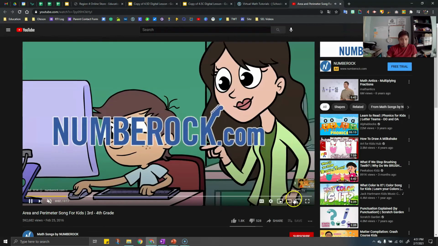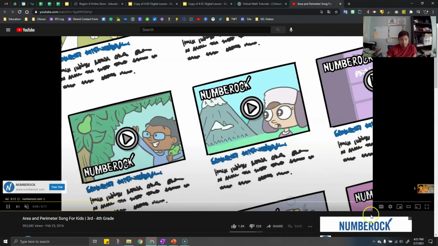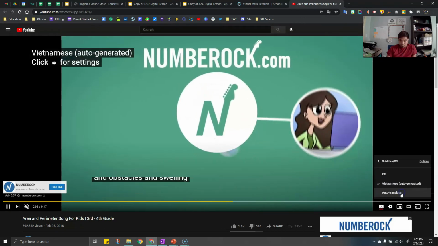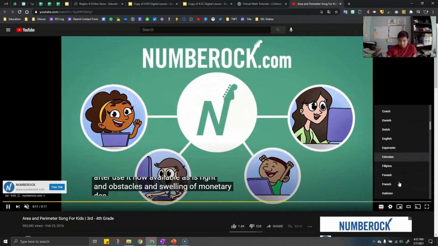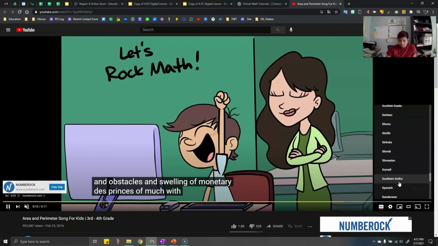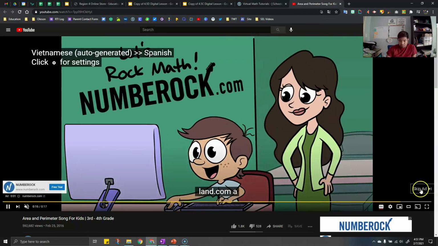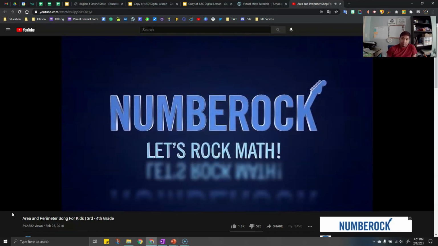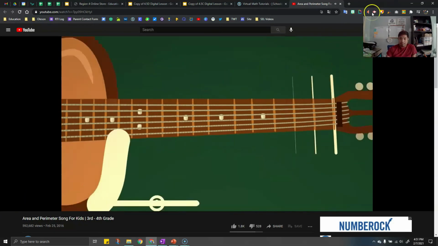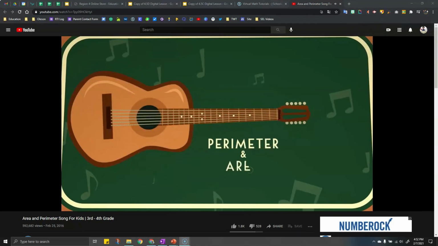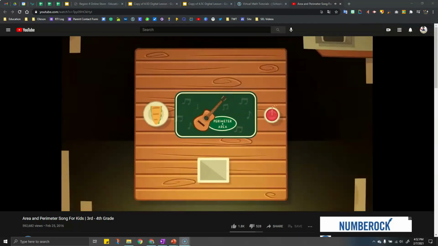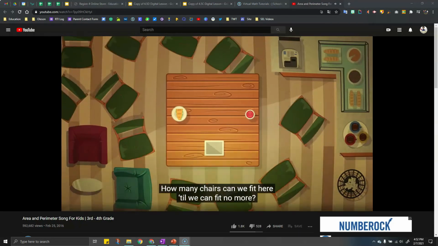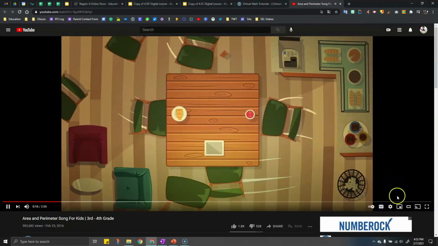Numberrock.com. How many chairs can we fit here till we can fit no more?